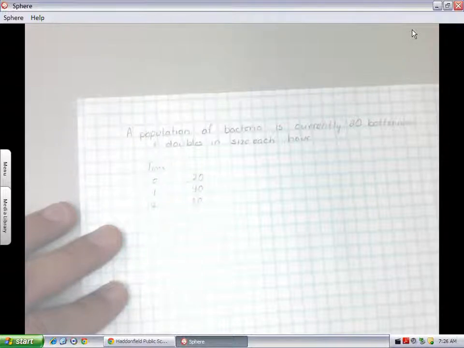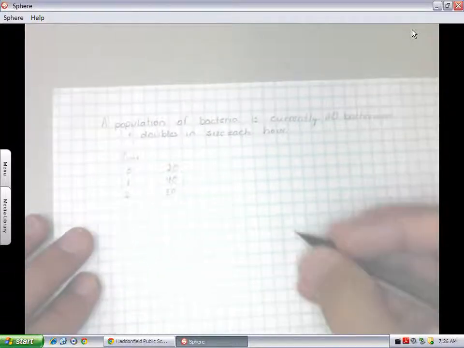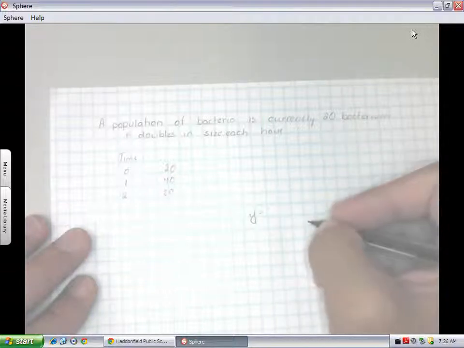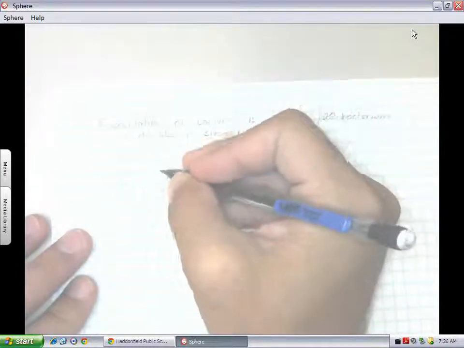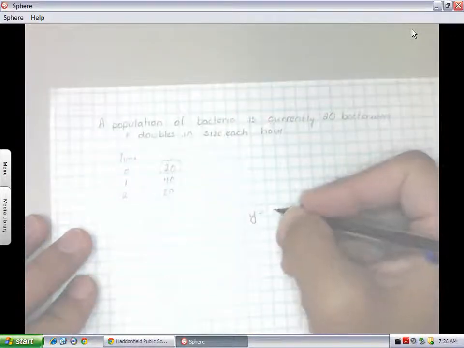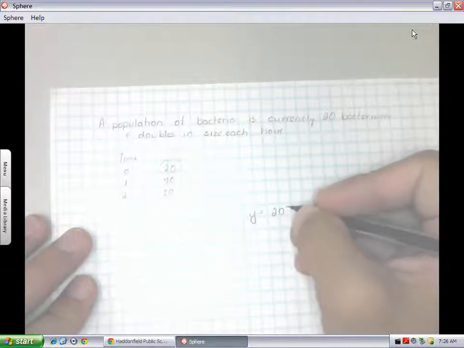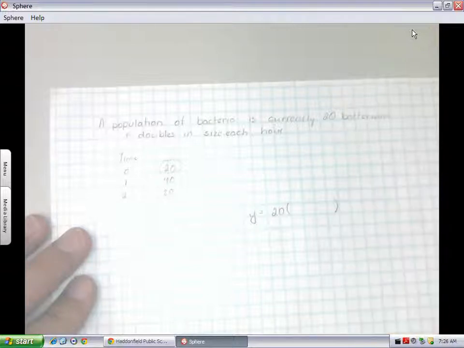So this can be written as an exponential equation. I can write y or f of x equals my initial value, so the initial size is 20. That goes out in front. Now, to come up with the base, I start with 100%.